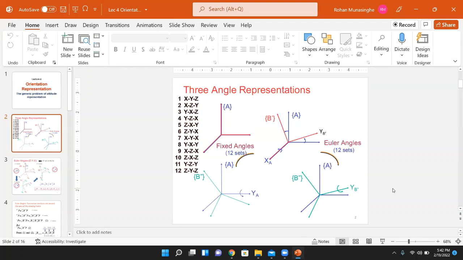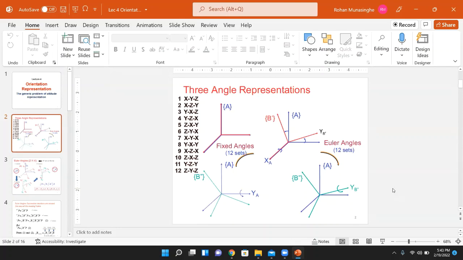So when you explain it to someone else, I rotate around the x-axis 45 degrees, then around the y-axis 45 degrees, and then around the z-axis some 30 degrees. Others can understand your orientation. But there are two ways to do that.